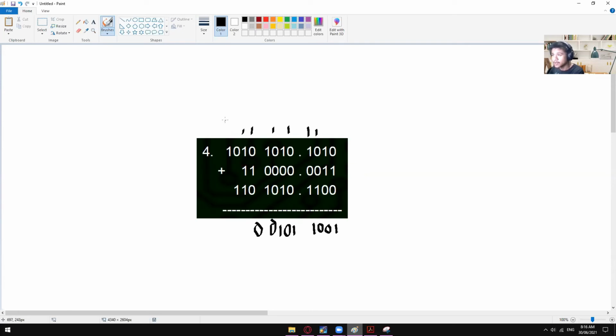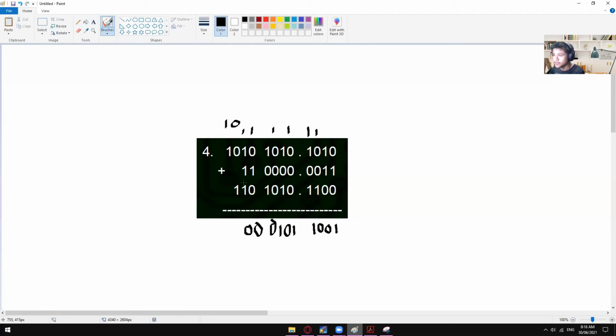Here, you need to put the carry on this column first for the 1, followed by the 0 on the second one. You cannot put the 10 in one column only, so you should separate them: 1 for this column, another number for this column, and then bring down the 0 right here.